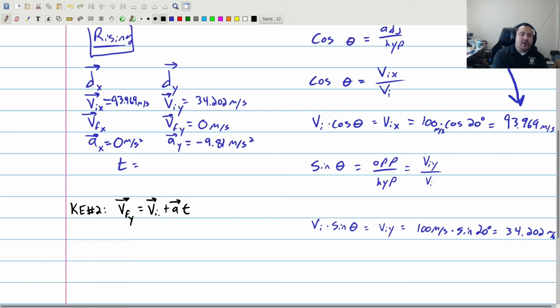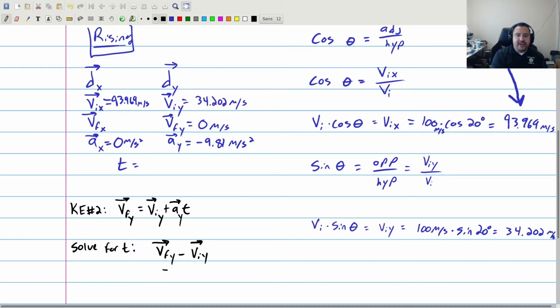I'm going to put little y's on each of these vectors to remind me that I can only use variables that are in the vertical direction to solve this. Okay, I'm looking for time. Let's solve for t. I'm going to start off by subtracting v initial y. So it's going to be v final y minus v initial y, both vectors.